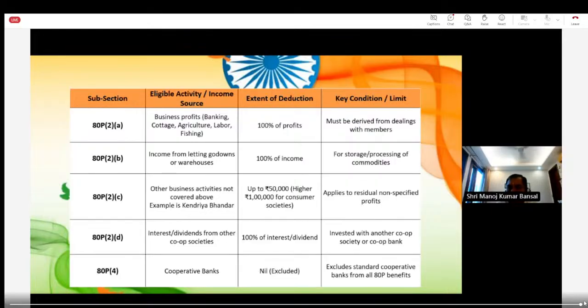Conditions are: if invested with another cooperative bank or cooperative society, only in that case are interest and dividends eligible.